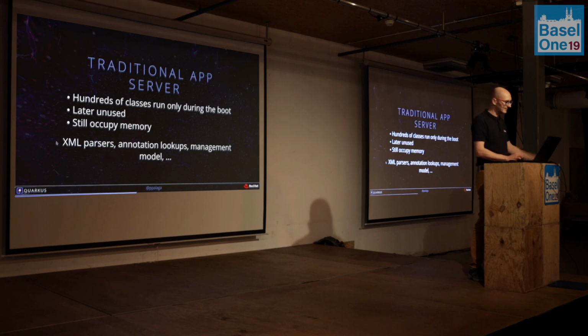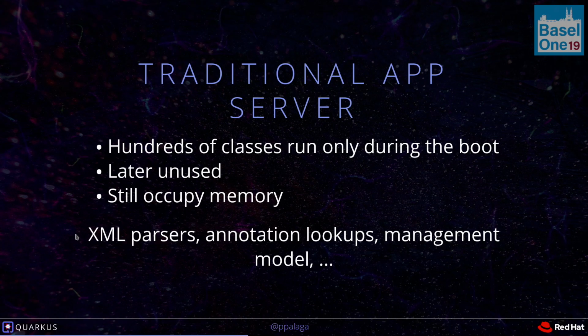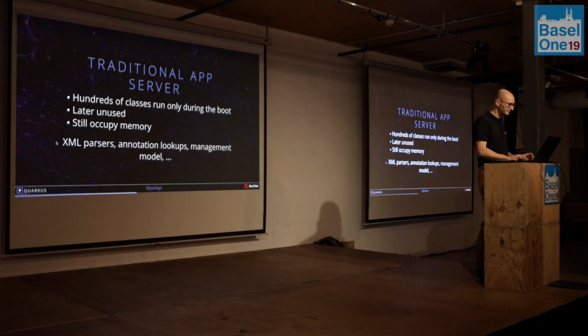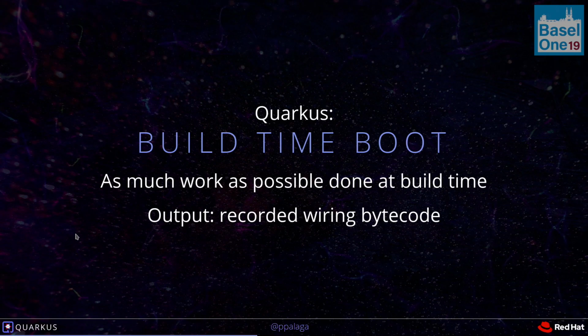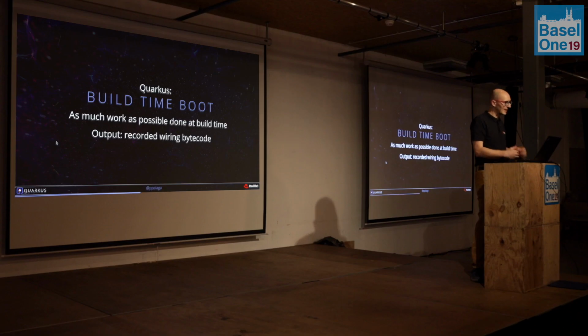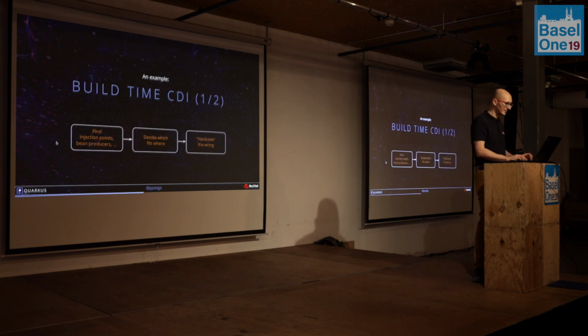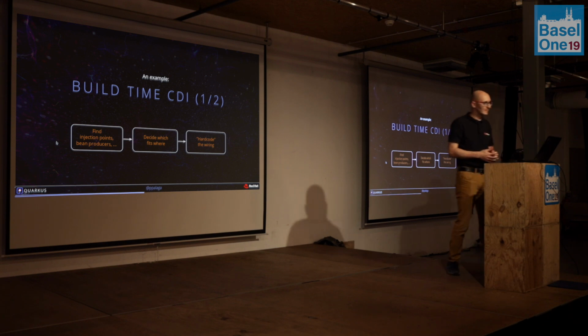Think of XML parsers, annotation lookups, building some management model for deploying jar vars, and so on. So the main trick of Quarkus is to do as much as possible of these things at build time. And all those tasks that are done at the build time are recorded directly to bytecode.